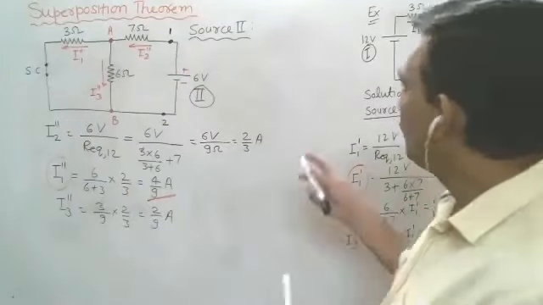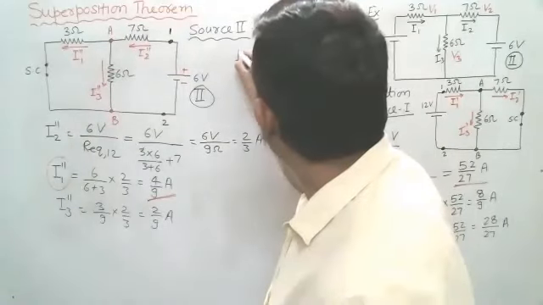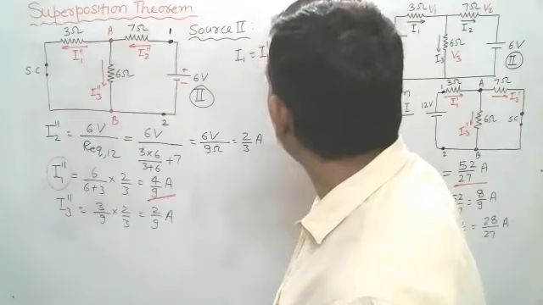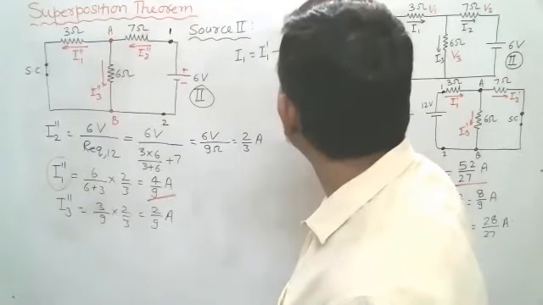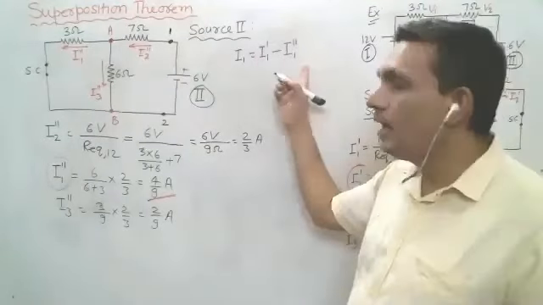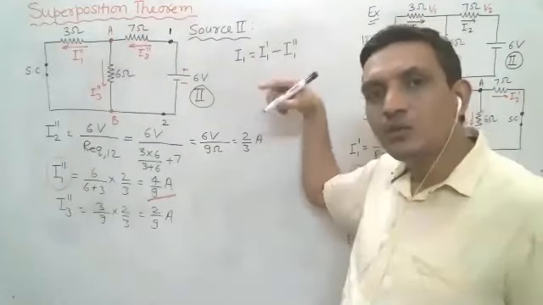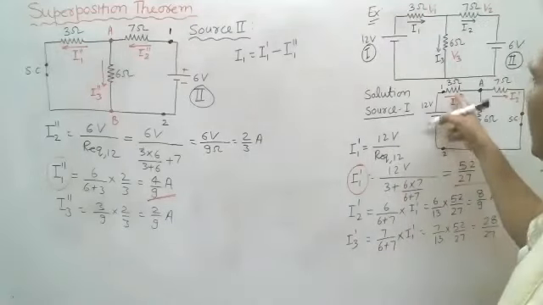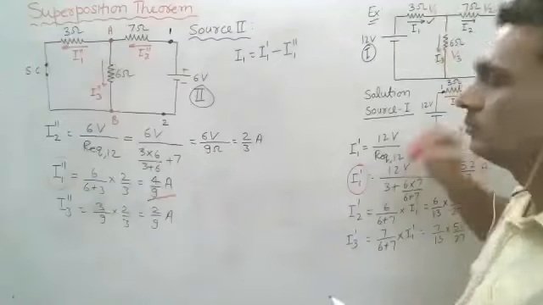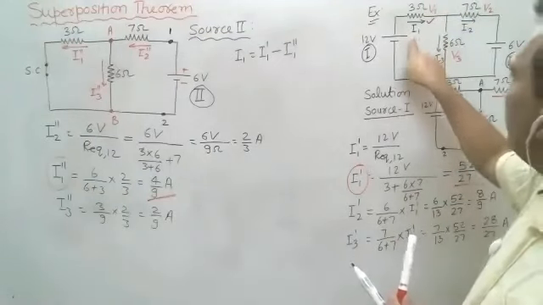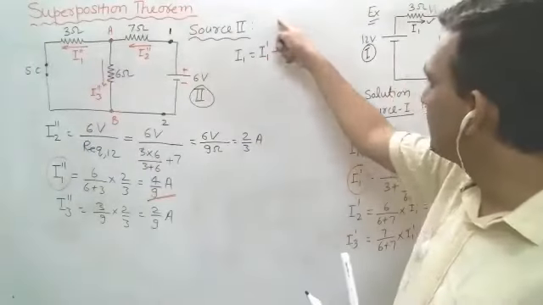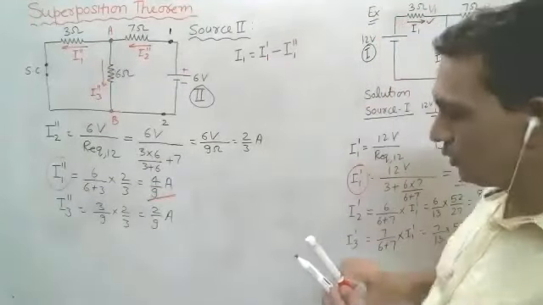So it means from the algebraic sum, you have to find I1 dash minus I1 double dash, because I1 dash is greater than I1 double dash. So the actual direction of current is in the direction of I1 dash. I1 will be I1 dash minus I1 double dash, and since I1 dash is greater, this is the actual direction of current.